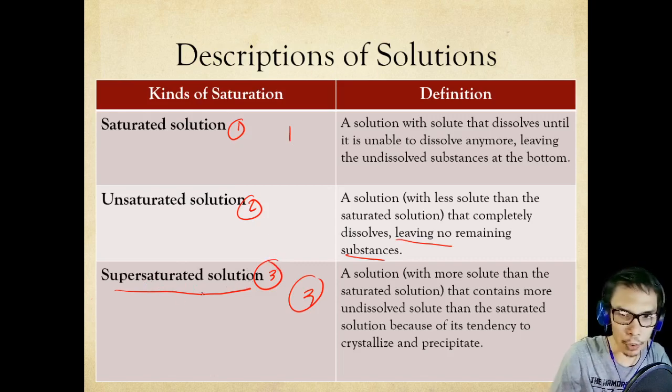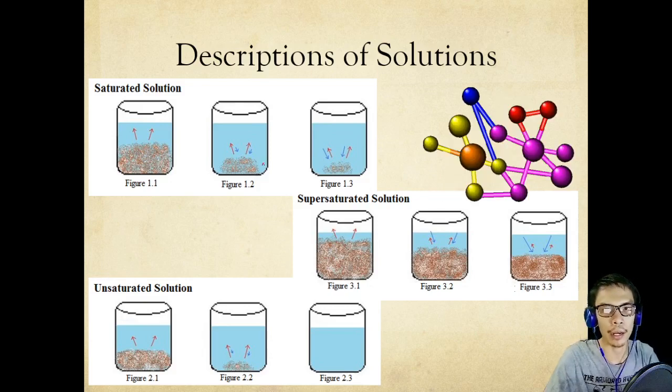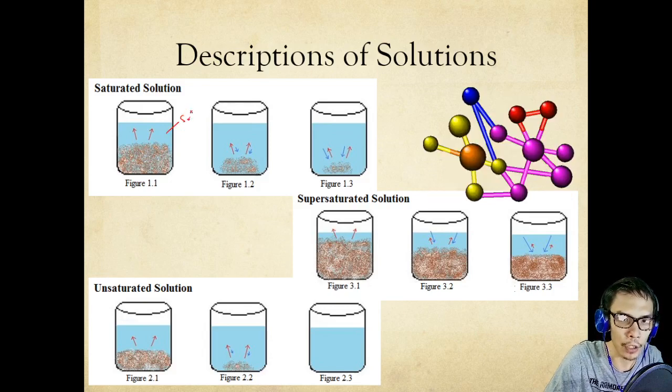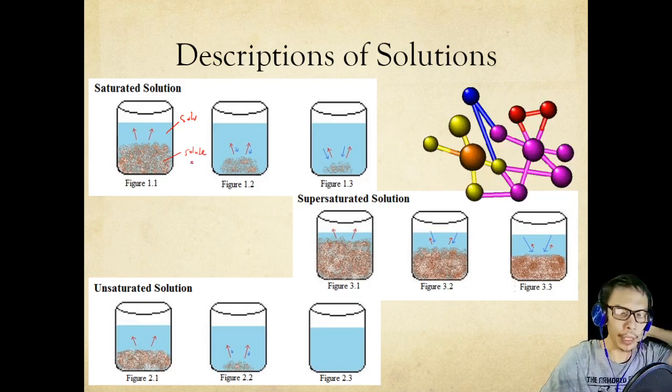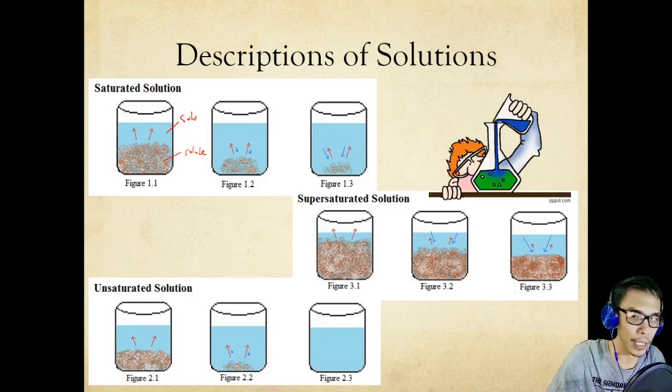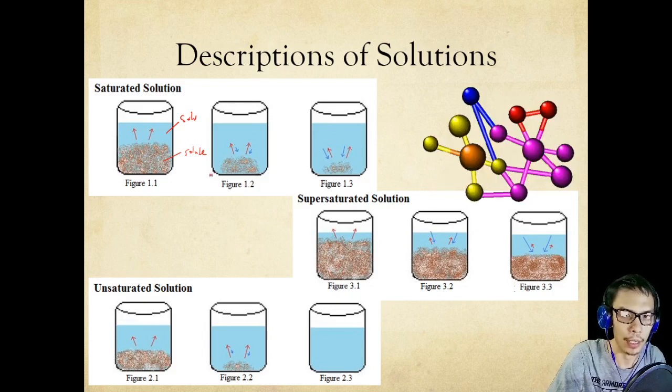To better visualize this, let's have it right here. We have this picture of a saturated solution. As you can see, the water is the solvent, and we have the solute over here. In some cases, the dissolution or dissolving process is the red arrow, and the blue arrow is the crystallization process.